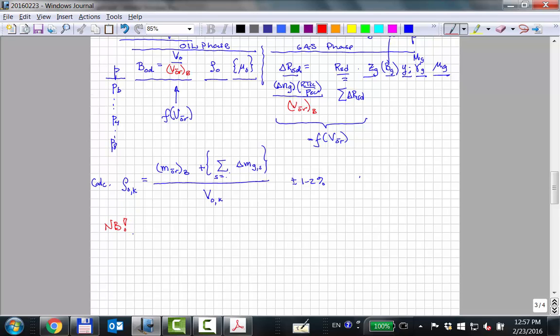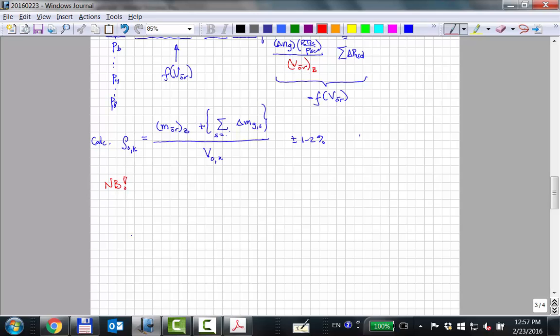So, if you use the DLE data as input to a PVT program, based on an equation of state, okay?